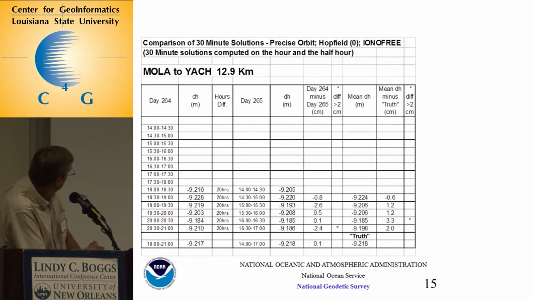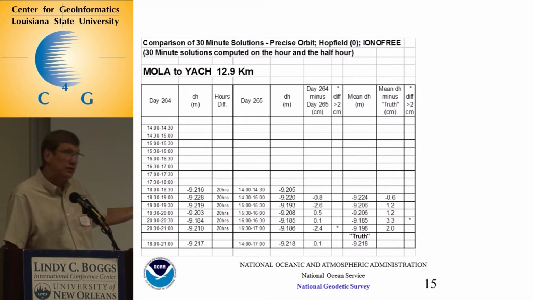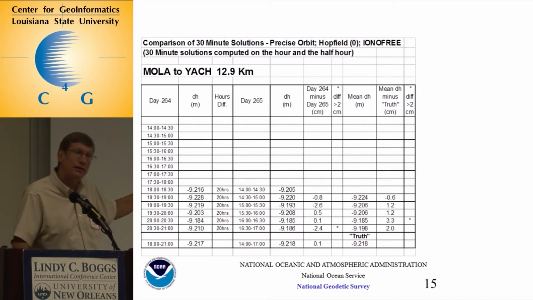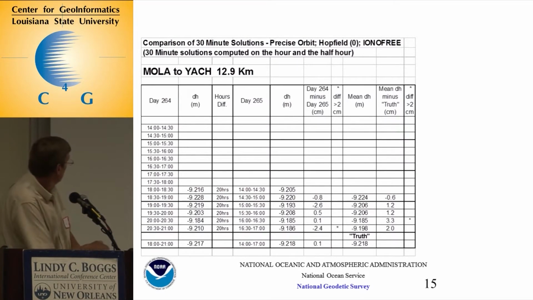What I tried to do is show a different day and a different time of the day. Like here, this is day 264, and it's at time 1800 to 1830. And then 20 hours later, on day 265, I took 1400 to 1430.